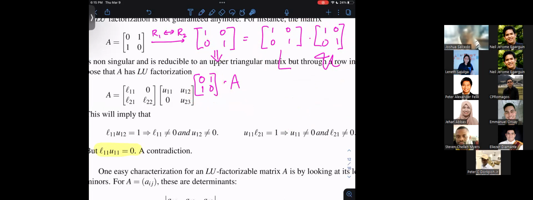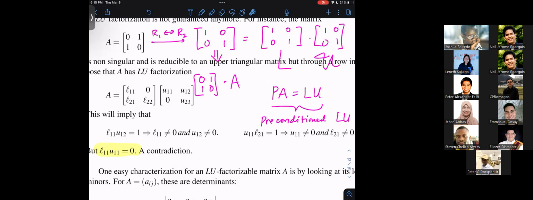So essentially, for this example, I don't have an LU factorization of A, but I have an LU factorization of P times A. So this is a preconditioned LU factorization, right? Preconditioned because we are multiplying the original matrix A by a preconditioner. It's a preconditioner because it appears to the left. It's a multiplier to the left, right?